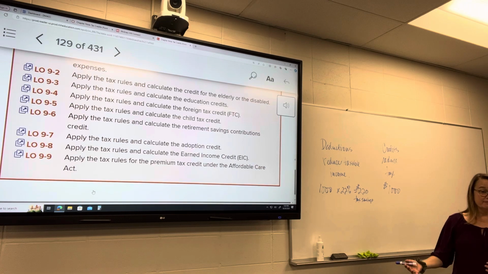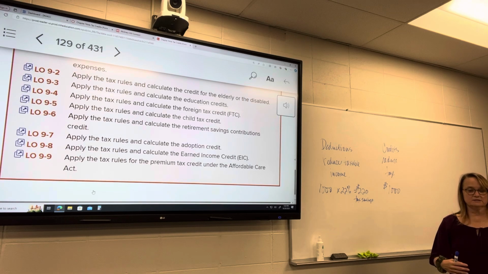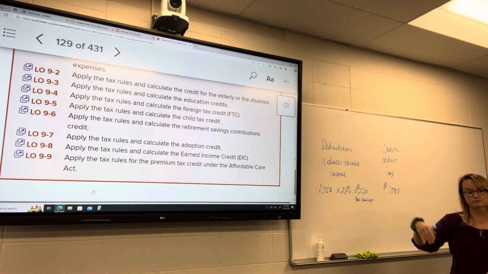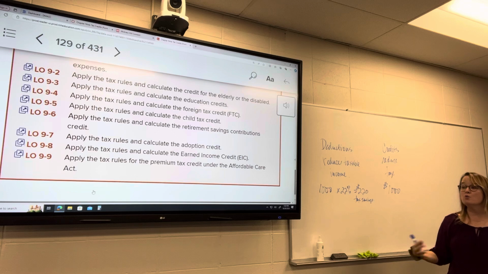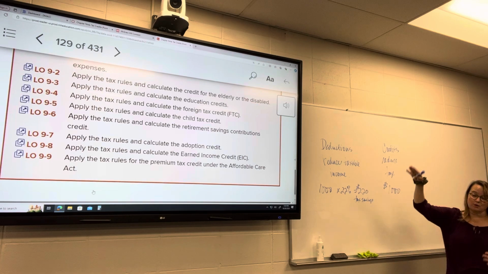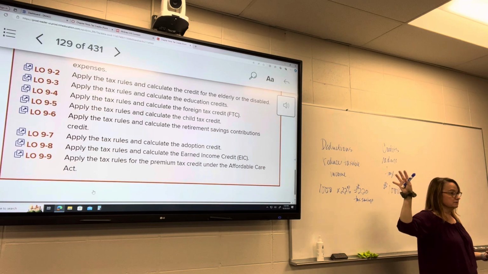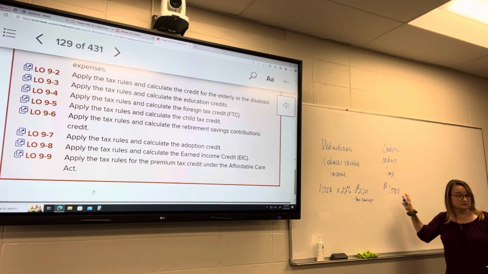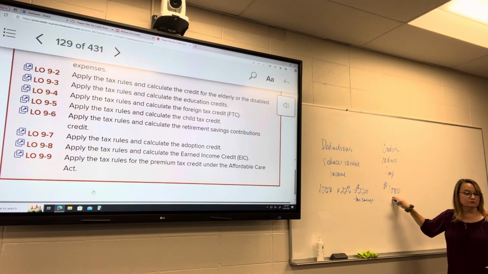You may have spent $10,000 on education, but you're not going to get $10,000 back; you're going to get up to $2,000 back because the credit is a percentage of the expense. How we calculate those credits is what we're going to go through in this chapter. But once you get to this credit amount, it reduces your tax dollar for dollar.